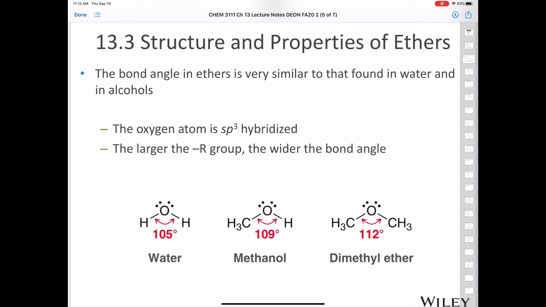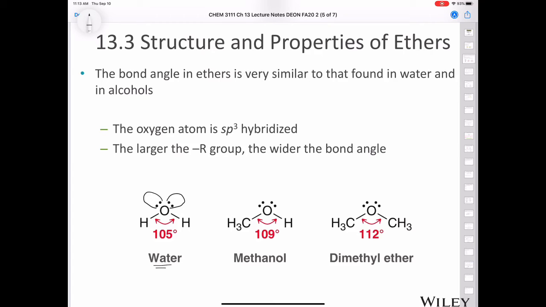It says here that the larger the R group in our ether, the wider the bond angle.